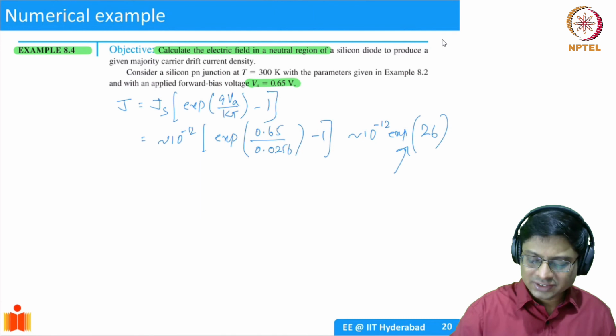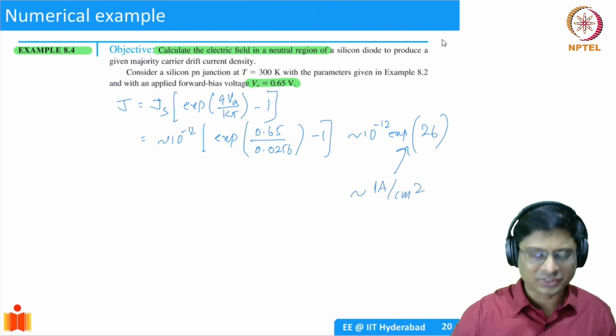Eventually, you will see that this is going to be some amps per centimeter square. Let's say 1 to 10 amps, approximately 1 amp per centimeter square.